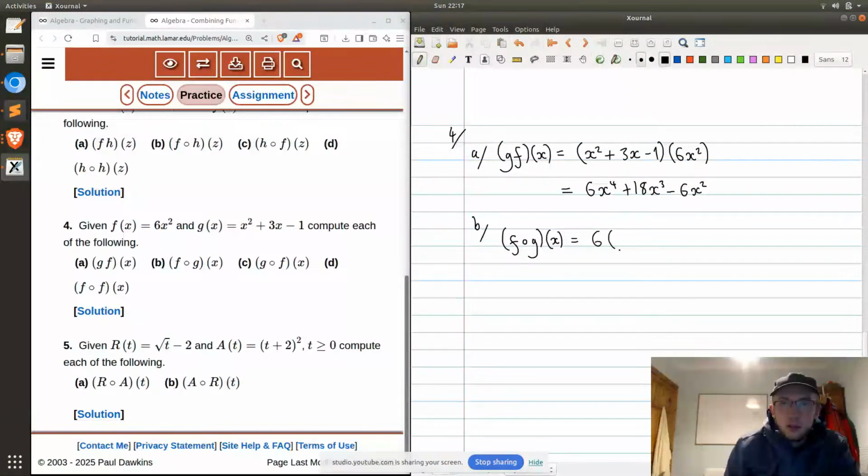So 6, open brackets, and here where x would be, is going to go the definition of g. So x squared plus 3x minus 1. But we have to carry out the computation. We have to square this quadratic and multiply it by 6.